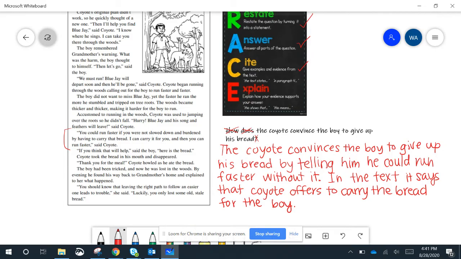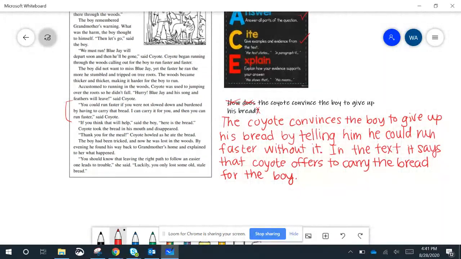Next, I need to explain how my evidence supports my answer. In the text, it says the coyote offers to carry the bread for the boy. When he tells him he could run faster without it and offers to carry it, the boy is convinced that he'd be able to catch up to the blue jay, and the coyote is trying to help him. Oh, sorry, I forgot to start off with my sentence starter. So I'm going to want to use one of these sentence starters, either this shows or this means.